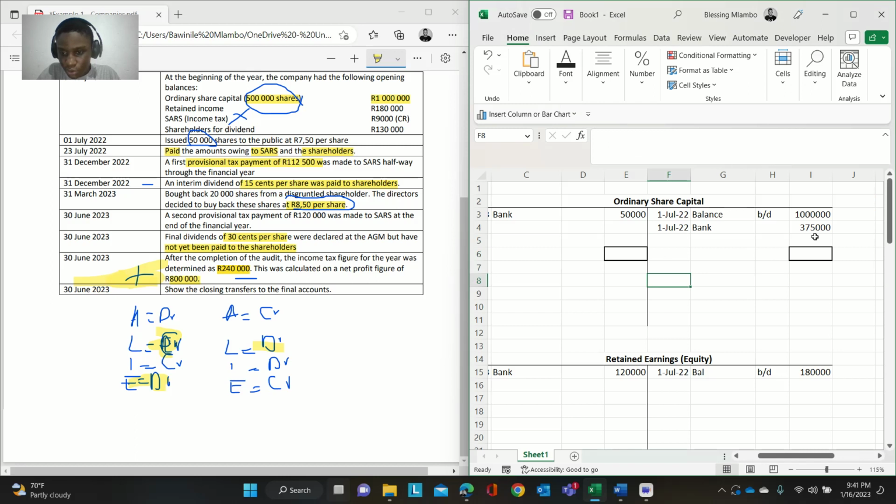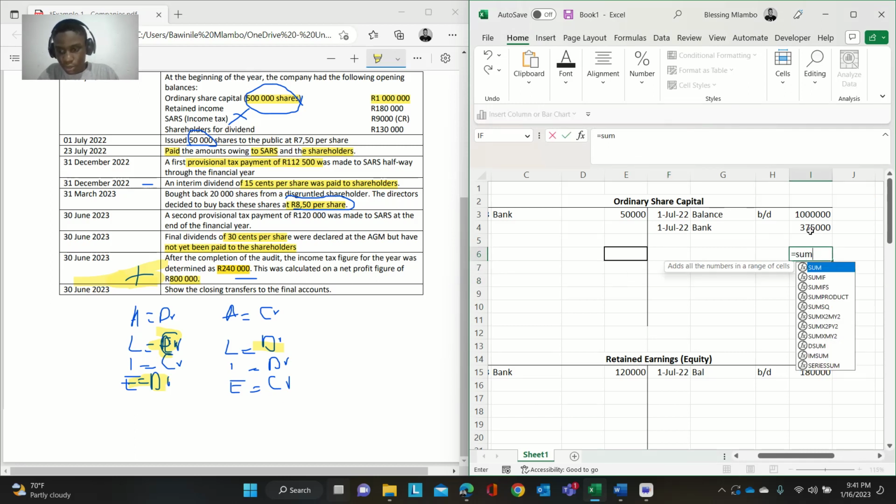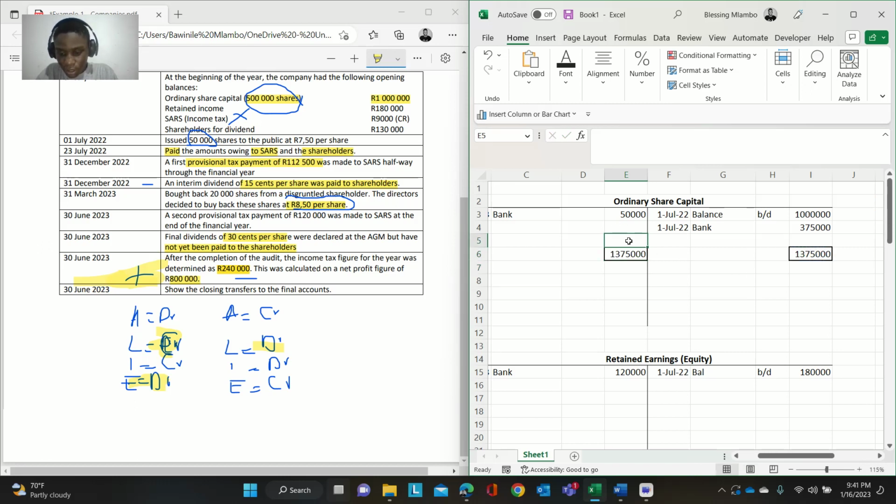So between the two, this side will be bigger, so I'm summing all these values and taking the same figure, and then I take this figure, I subtract this one, and then I have this account. So this will be my balance carried down at the end.